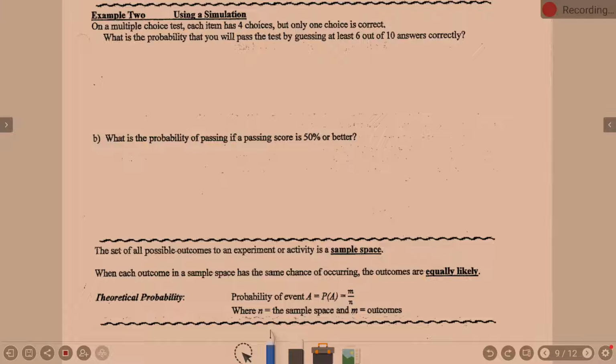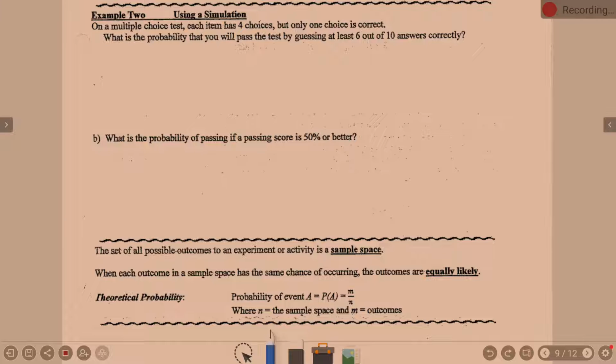Now, I'm trying to think how I want to do this. In a simulation, you want to have not just 1 or 2 simulations. We want to go through this several times, and I think I'm going to go through it about 20 times. Each item has 4 choices. Normally, what do we think of those 4 choices being on the test?